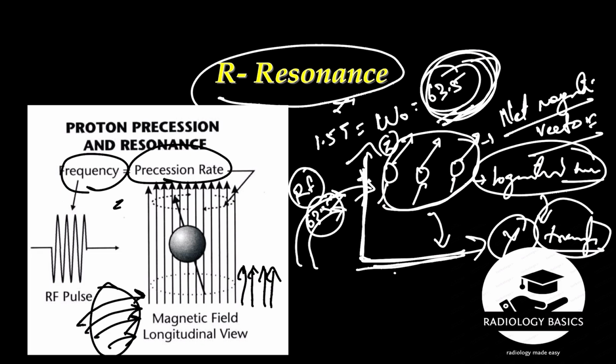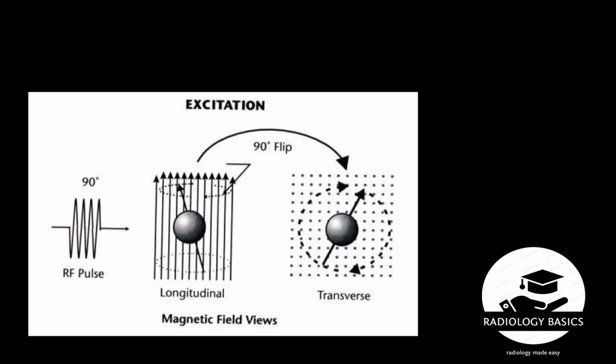That's what we call the precession rate. The frequency of the precession rate must be similar to the RF pulse which we are going to give. Then only will the magnetic direction change from longitudinal magnetization to transverse magnetization. See here the example: we are giving a 90-degree RF pulse.